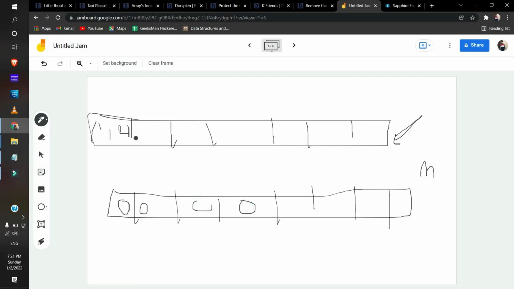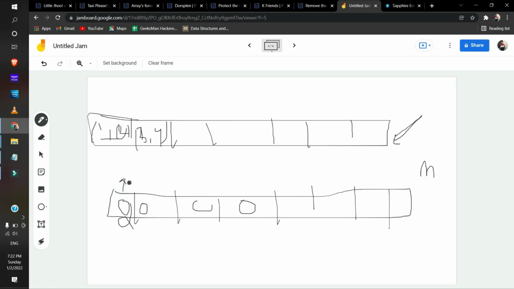According to the person, if a person comes with 2, we check the first taxi, and if it's empty, we'll fill it with 2. If the second comes like 3, 4, we see that this is less than that, so we put 3 here.